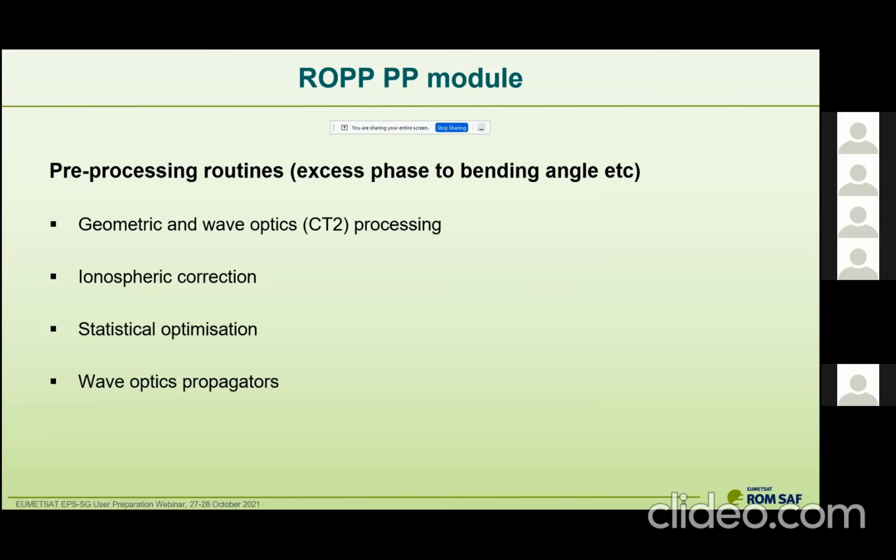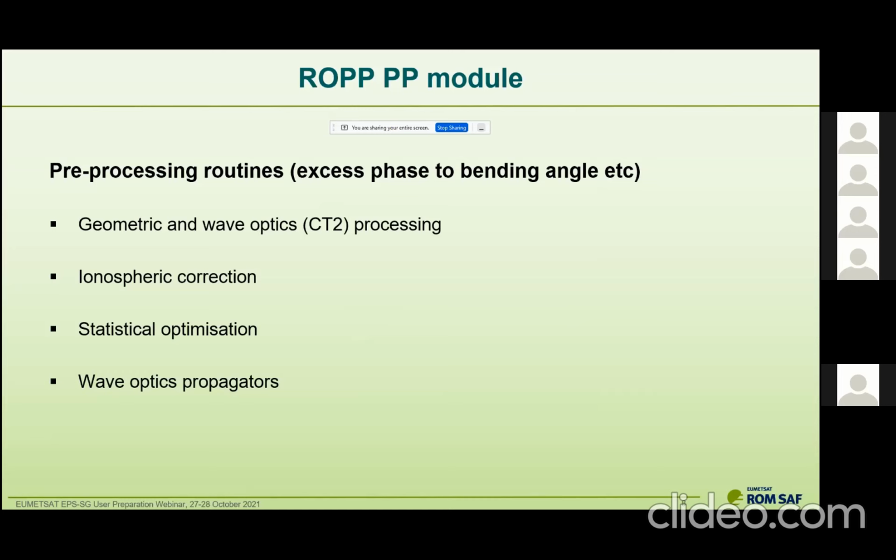Geometric optics, where you treat a set of rays, effectively taking the wavelength to 0, but also, in the presence of strong vertical gradients near the surface, you will need wave optics processing. And ROPP has the ability to do both of those. It can do ionospheric correction, which is the combination of the 2 signals to get some feel for the neutral atmosphere bending angle, and statistical optimization, which is a clever way of doing the same thing, basically.